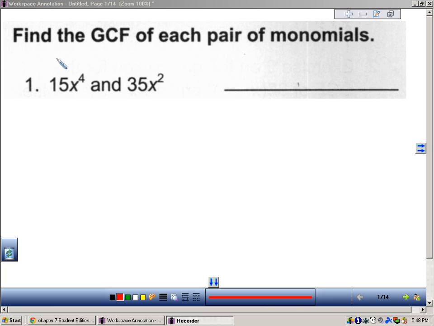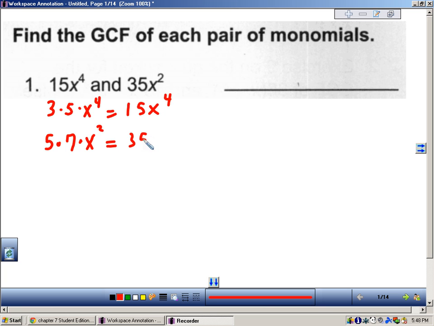Let's look at 15 as being... and of course 35x squared, that would be... five's in common, and the lowest common power, that is x squared.